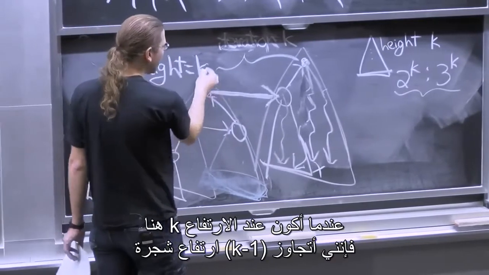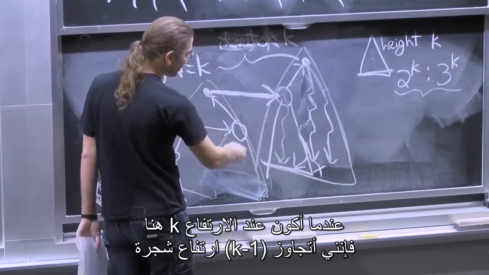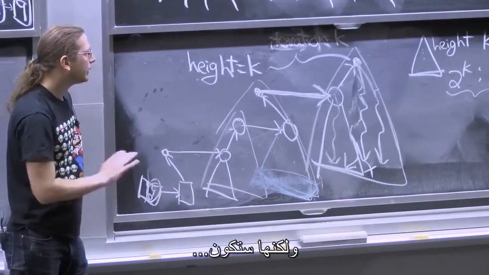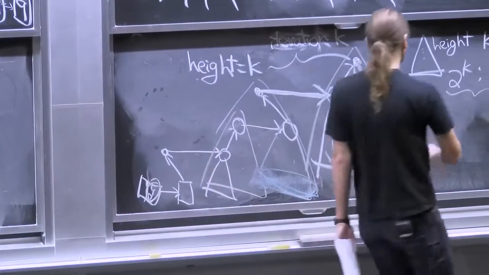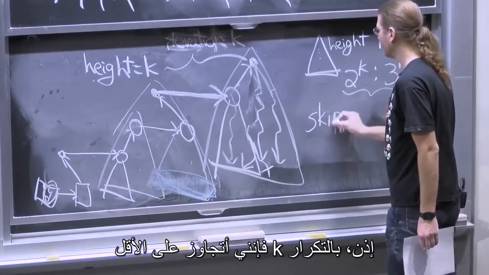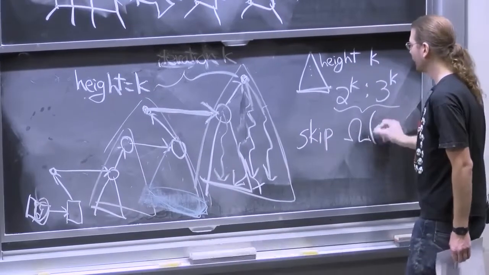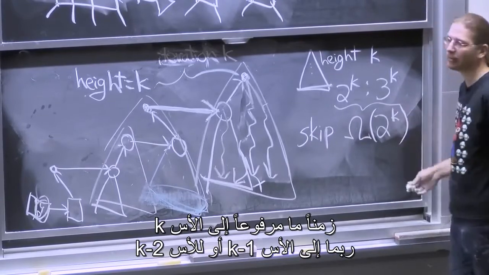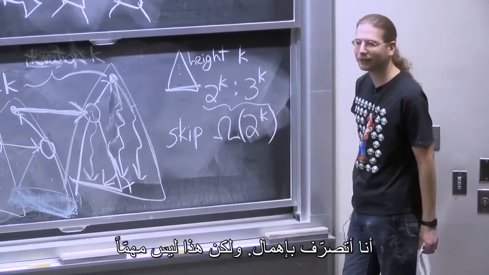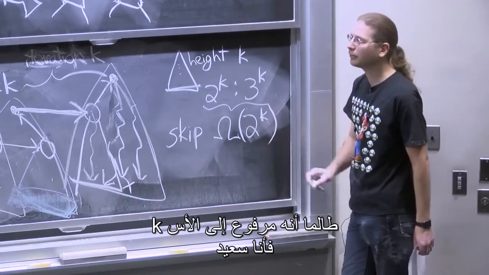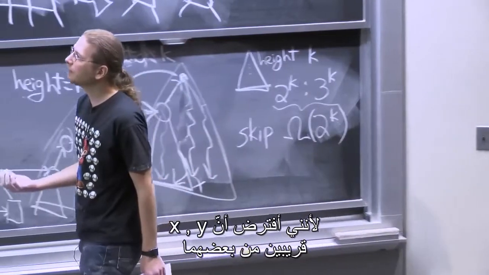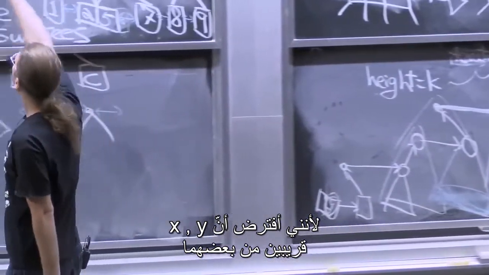And so, when I'm at height k here, I'm skipping over a height k minus 1 tree or something. So in iteration k, I'm skipping at least some constant times 2 to the k. Maybe 2 to the k minus 1 or 2 to the k minus 2. I'm being very sloppy. It doesn't matter, as long as it's exponential in k, I'm happy, because I'm supposing that x and y are somewhat close.